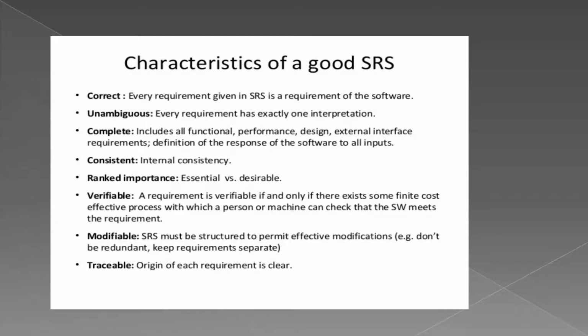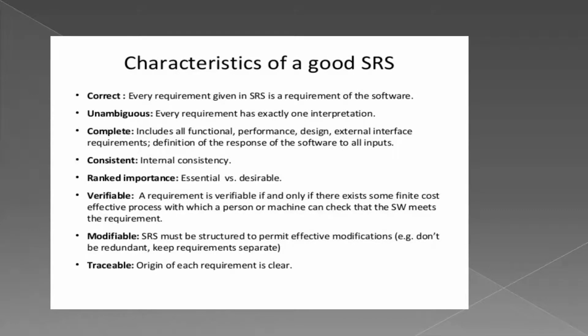Then ranked importance, essential versus desirable. So you should collect all the essential factors that are more important for the characteristics of a good SRS. Then verifiable. A requirement is verifiable if and only if there exists some finite cost-effective process with which a person or a machine can check that the software meets the requirement.